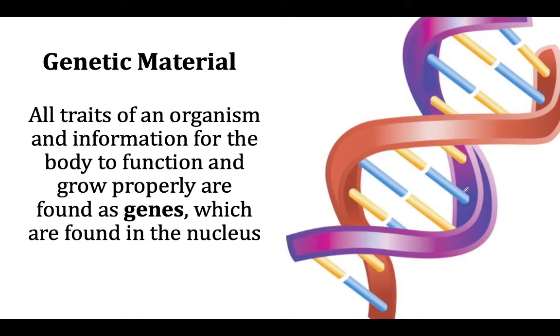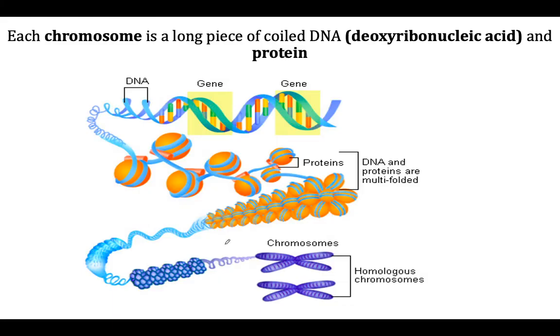So these individual sequences, the order in which they're found in, those are the genes, and that's what's responsible for whatever trait that you see in a living organism. All of the genetic material, though, is found in the nucleus, as you remember from what we talked about early on. Okay?